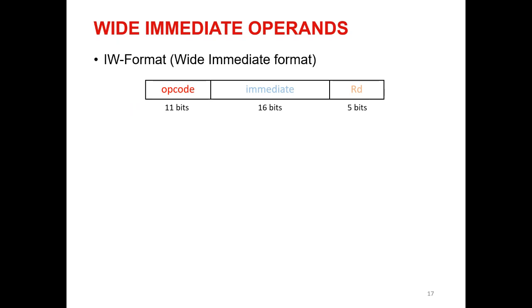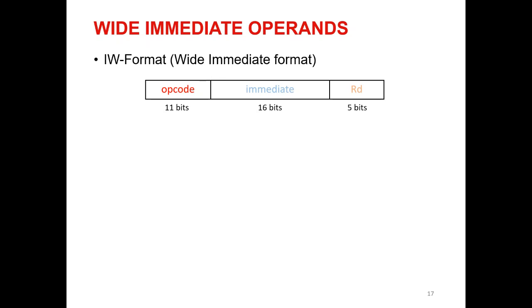First of all, we will see the format. Remember that we have seen different instruction formats: the register format, the immediate format, the data format. Now we have another format for the MOVK and MOVZ instructions, called the wide immediate format.